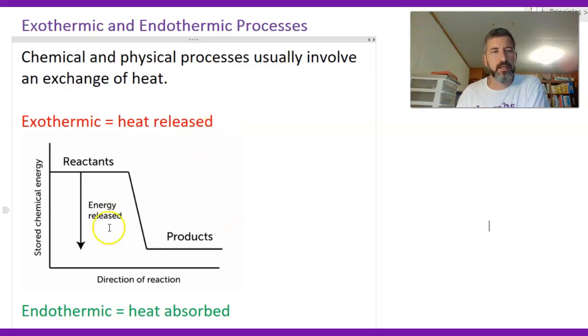So if you look at this little energy diagram, all this is showing you is the reactants, like let's say the gasoline and the oxygen that are reacting, would have a lot of stored chemical energy. And the products do not. So what comes out of your tailpipe when you burn gasoline is going to be low energy stuff. And therefore it's going to be much lower in heat, and that heat has to go someplace, and it's going to be released.